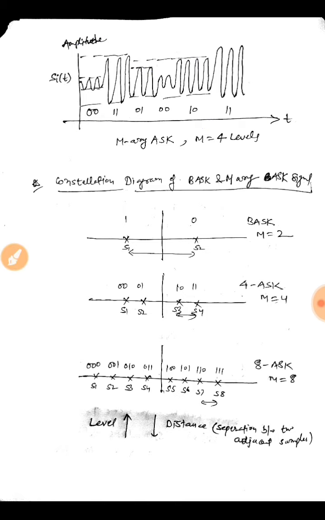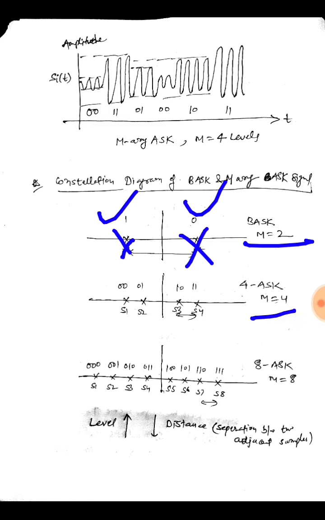Okay, so the constellation diagram of the binary ASK and M array ASK signal can be represented as I have drawn here. The constellation diagram will show us the amplitudes or the number of symbols. If in BASK two symbols are there, that is two levels, M is equal to 2, so we would have two symbols, one for 1 and one for 0.